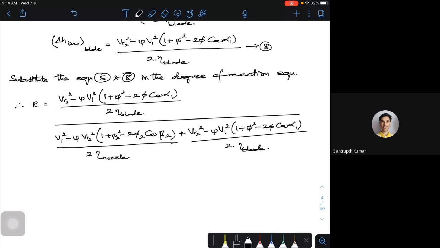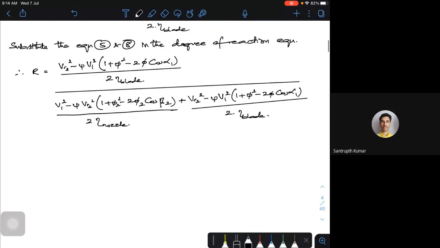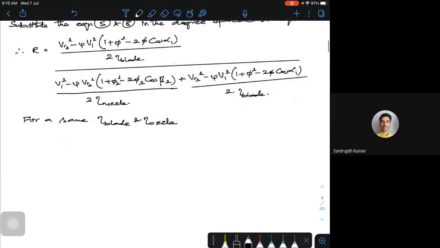Anyhow, the 2 will simply cancel out, and I am left with your blade efficiency and nozzle efficiency. Suppose your blade and nozzle efficiencies are almost the same. What will happen to this expression?